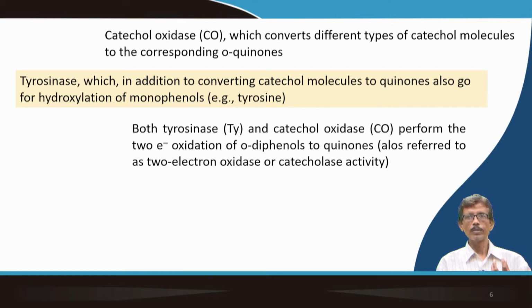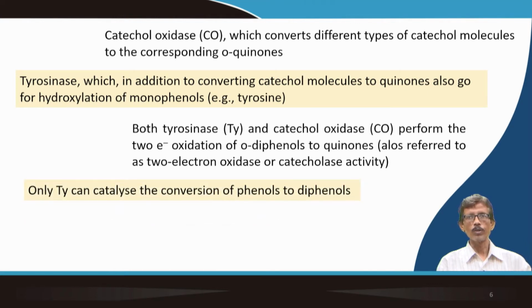When catechol is the substrate, 2 electron transfer and 2 proton transfer in the different direction give you the quinone. But in case of tyrosinase, it is working on the phenol molecule. So, it will catalyze the conversion of phenols to diphenols. The phenol is there and the ortho position of that phenol will be hydroxylated.